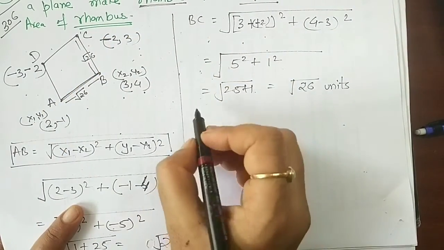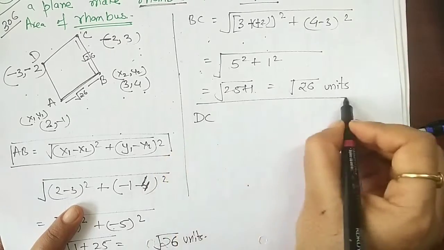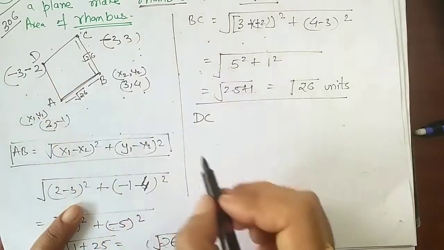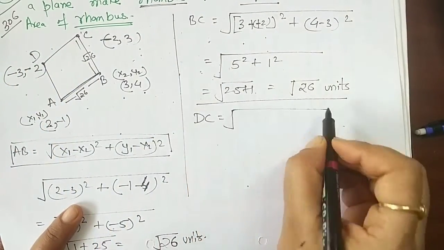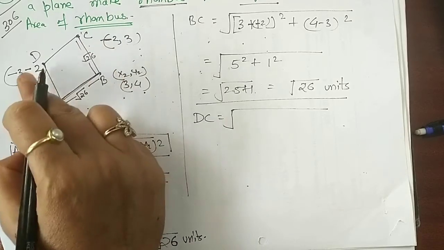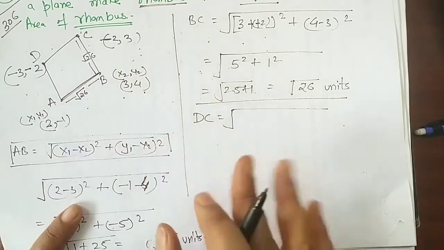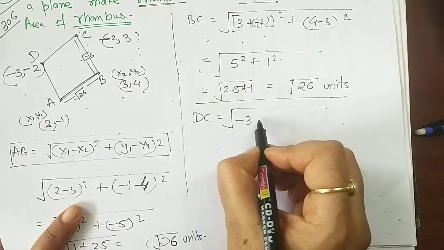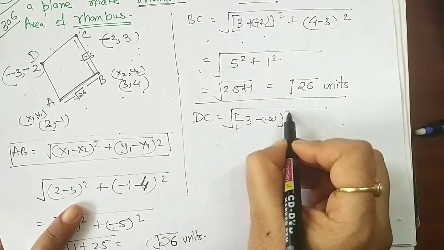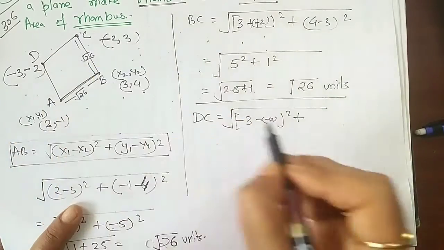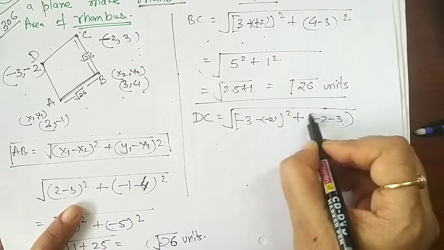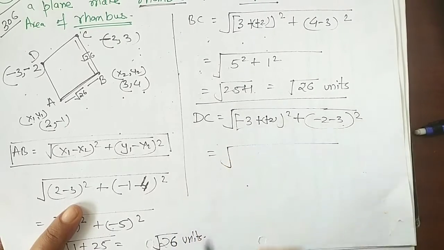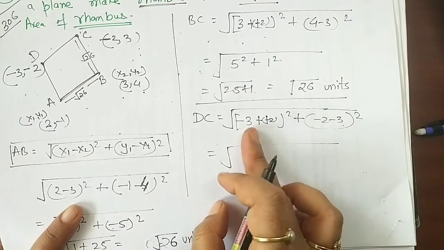Okay. Now let's see DC. This is your DC. Let's see DC. Suppose this is x1 y1, this is x2 y2. And as I told you, you can take this as x1 y1 and this as x2 y2, it will make no difference. Okay. I am taking this x1 first. So -3 minus of -2 square plus this minus this. So minus 2 minus 3 of a square. So this is minus and minus will become plus. What is 2 minus 3?